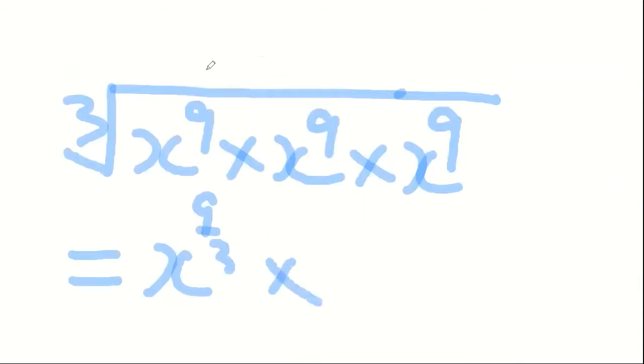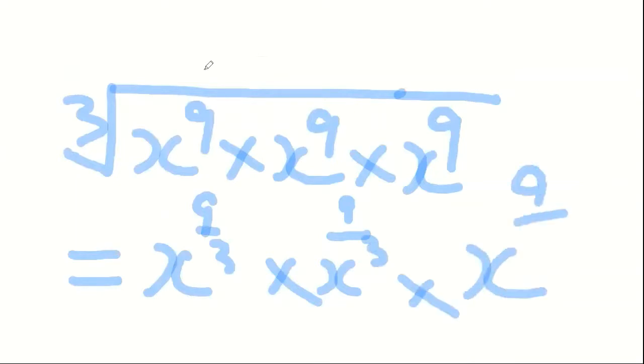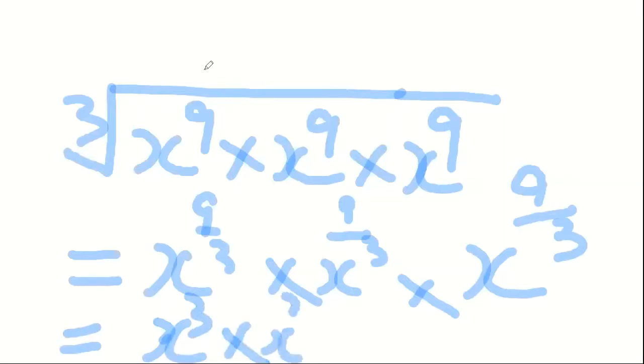You remember the previous one. There is no need to write and simplify again and again. 9 by 3, x raised to power 9 by 3. You have understood this step very fast from Mr. Rajesh Kalra. So x cube into x cube into x cube, so you get x raised to power 9.